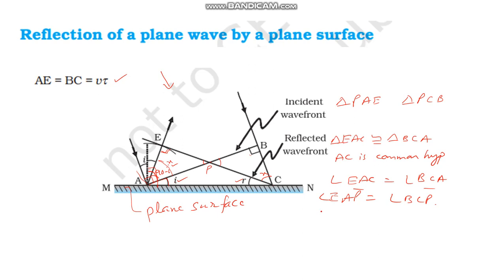That means angle PAC must be equal to angle PCA. But this angle is I, and this plane itself is a reflected plane. So here I is equal to R. This is our law of reflection. So like this we can prove the reflection concept also using the wave theory. Okay.